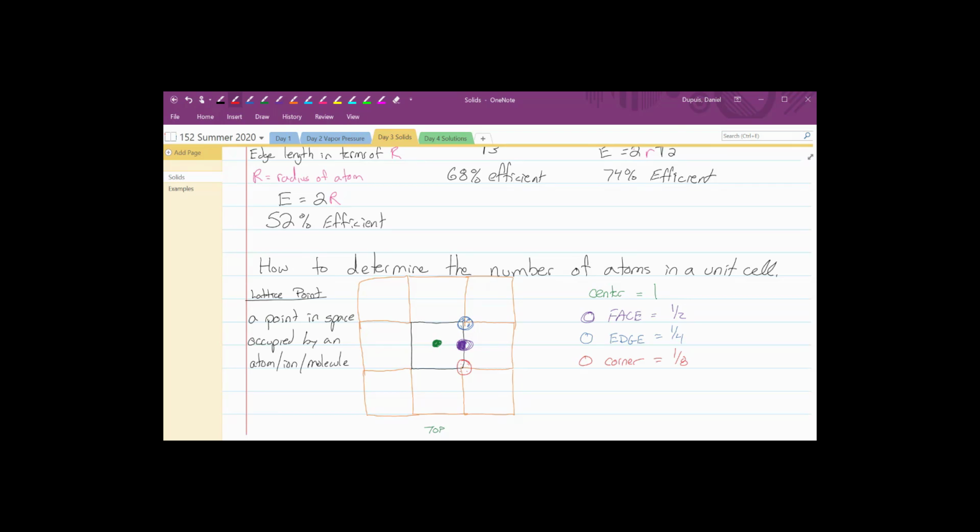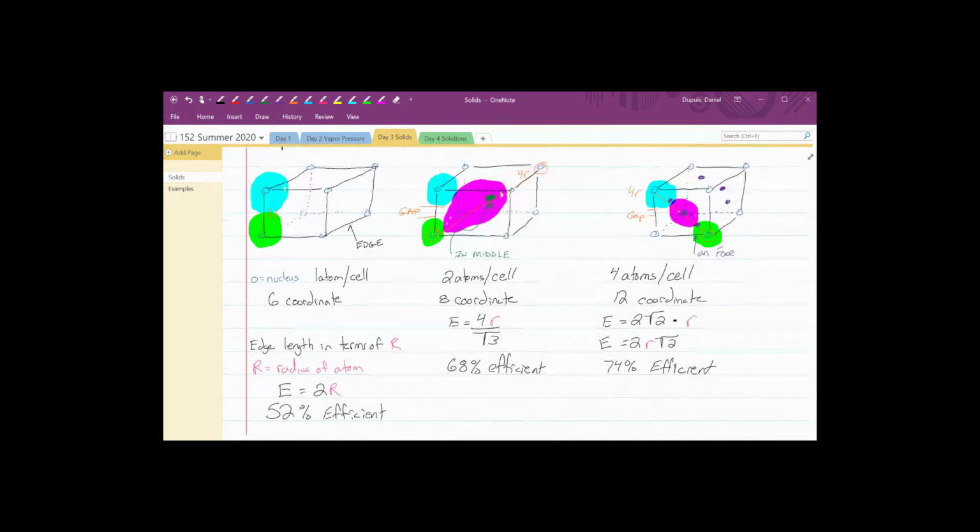But if you think about it, on the plane I'm in, I have 4 cells, and then above me there's another unit cell, and then the other 3. So there's actually 8 cells this is in, so it counts as 1/8. That's why each corner, we go back up here, each corner counts as 1/8. These are all 1/8, because they're on a corner. So that's 1, 2, 3, 4, 5, 6, 7, 8. 8 times 1/8 is 1.